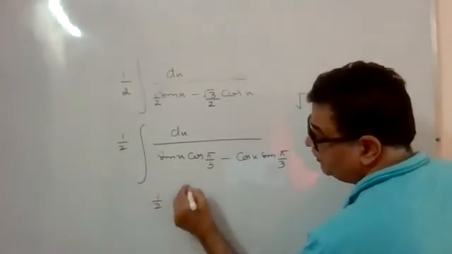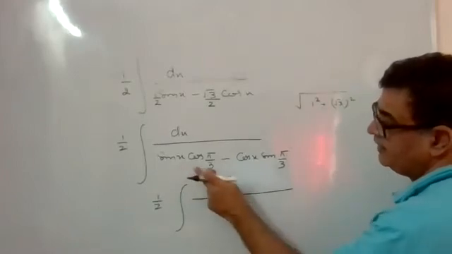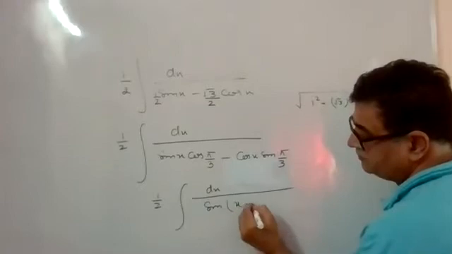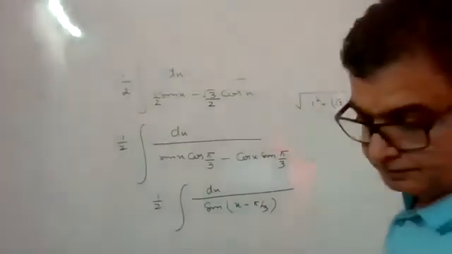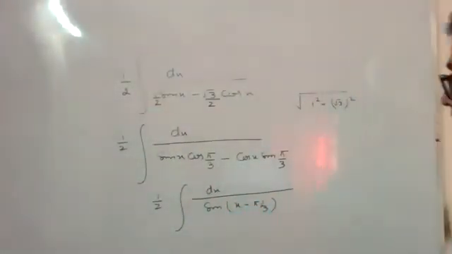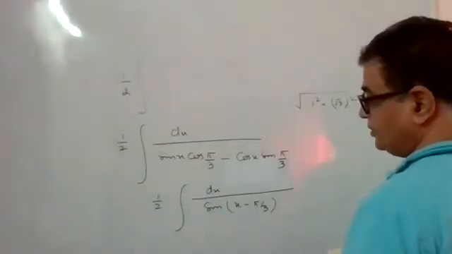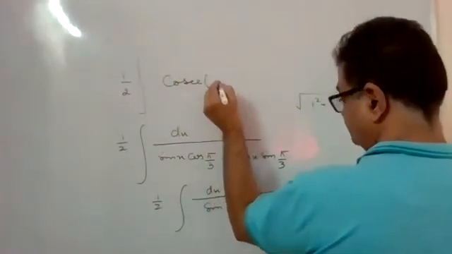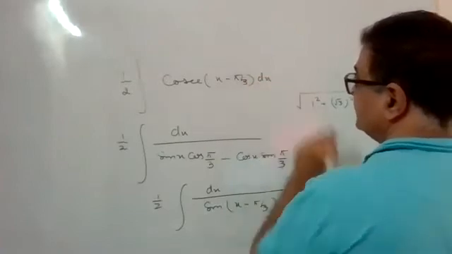Then I get half dx by sin a cos b minus cos a sin b, which is sin of a minus b. Then we will write this as integration of cosec x minus pi by 3 dx.